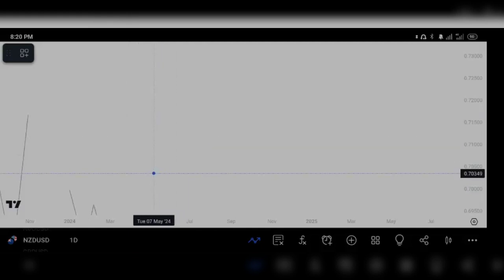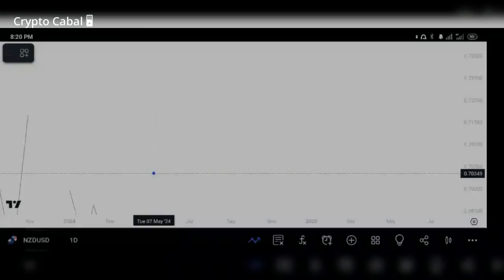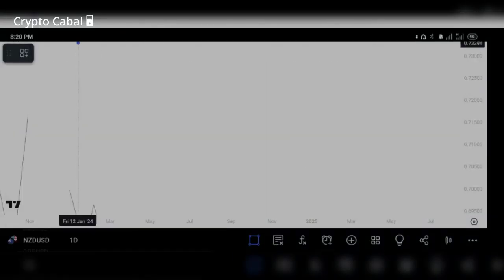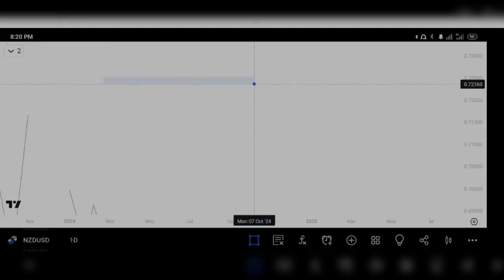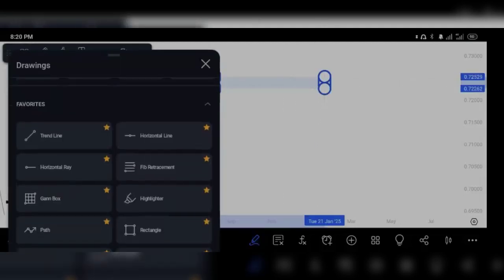In conjunction with it, when I explained support and resistance, I said we have, for example, the upper part as the resistance, and price came to this point, tapped into this resistance zone, and came down again.